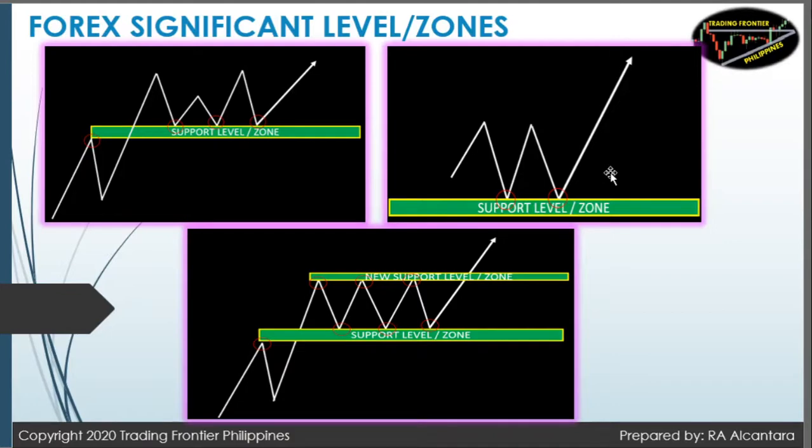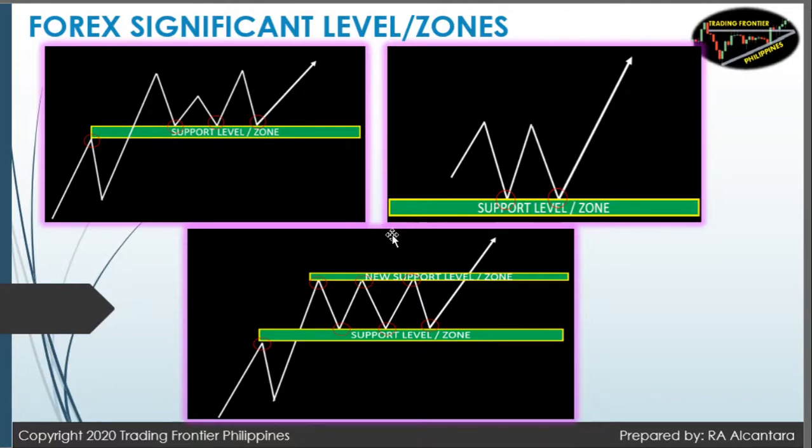As I've said, there are significant support levels or zones on a lower time frame as well. So later on the actual charts, I will show you that on a higher time frame versus on a lower time frame, the higher time frame would be the more significant between the two.